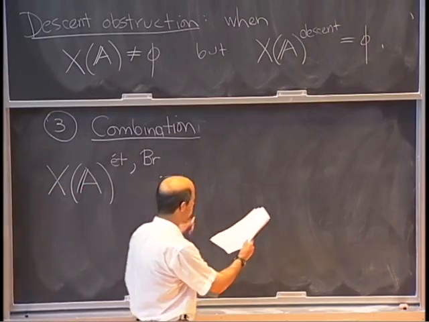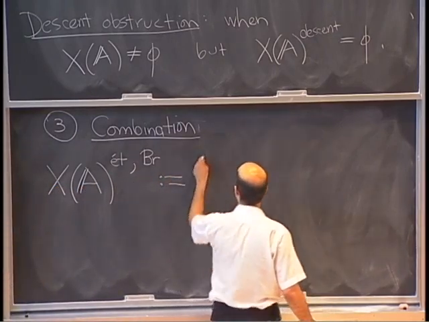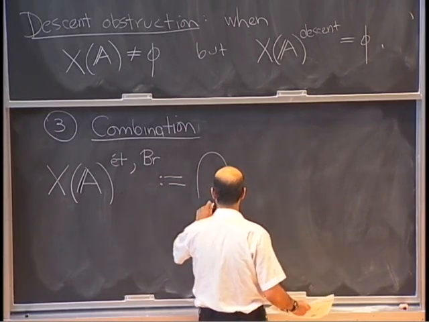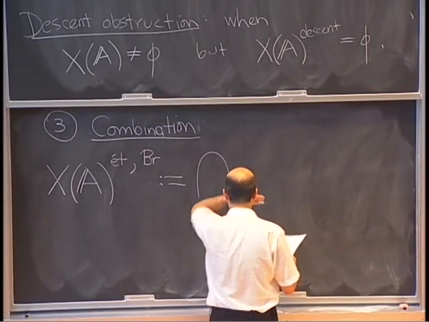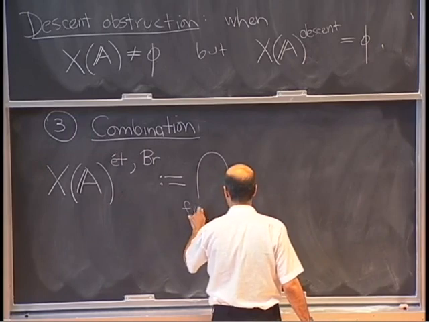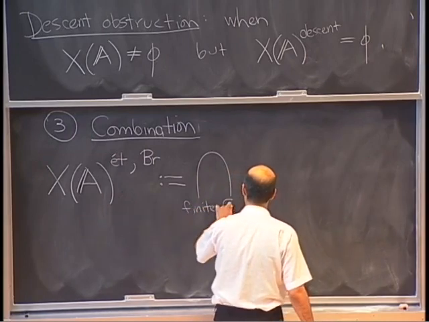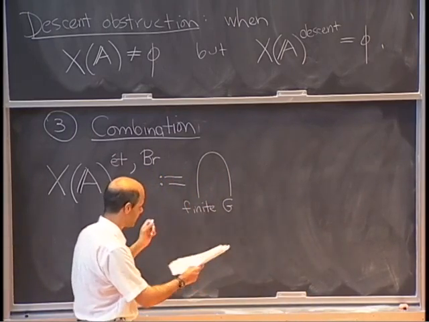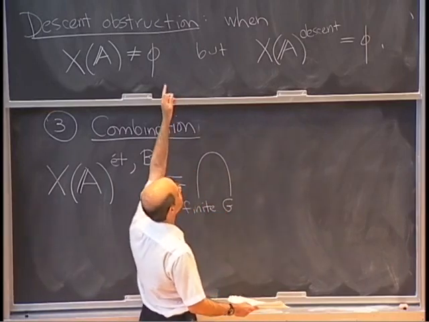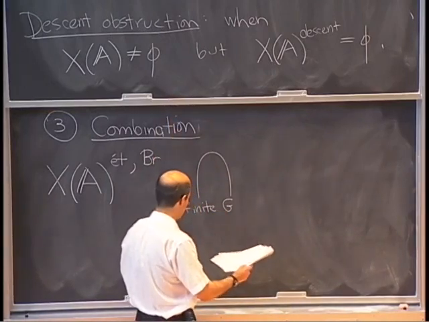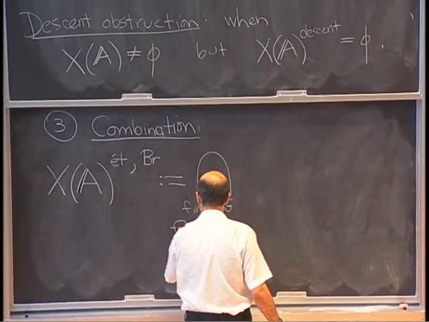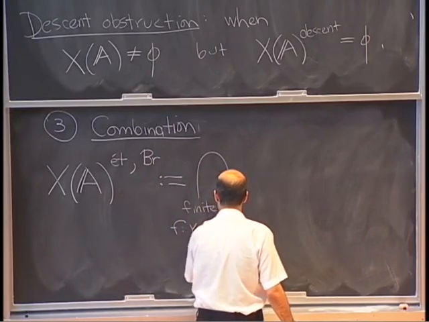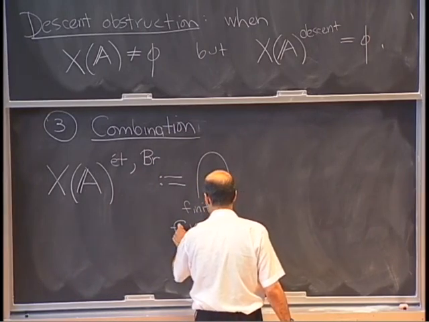Okay, anyway, I just want to introduce this one now for reasons that will become clearer in a second. So here I'm going to first apply the descent obstruction for finite étale group schemes. They're going to be étale because I assume that G was smooth, once they're finite. And again, all possible torsors under these finite groups.